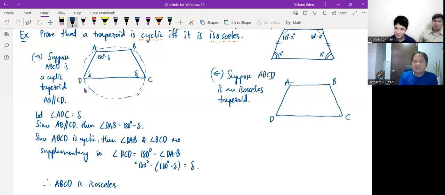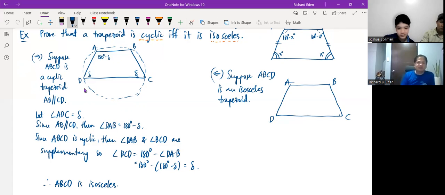So either we look at A and C or B and D. We have to show that A and C sum up to 180 degrees, or equivalently by symmetry, you could pair up B and D.